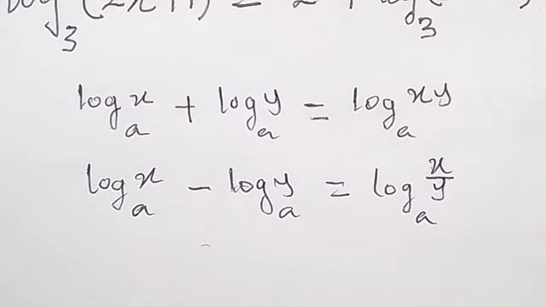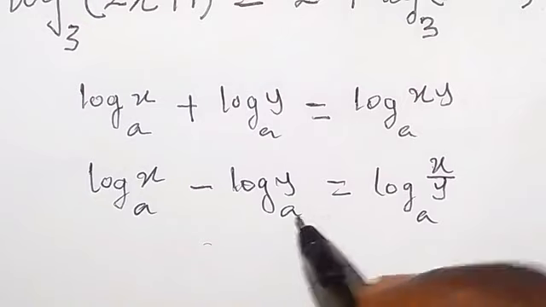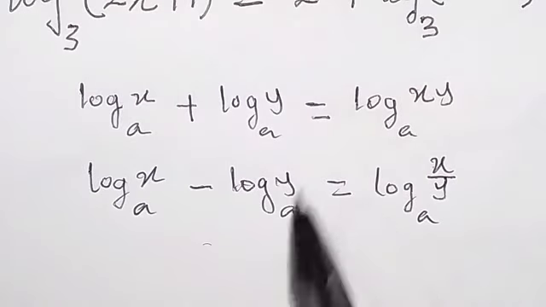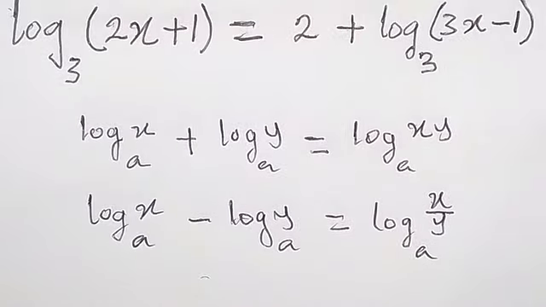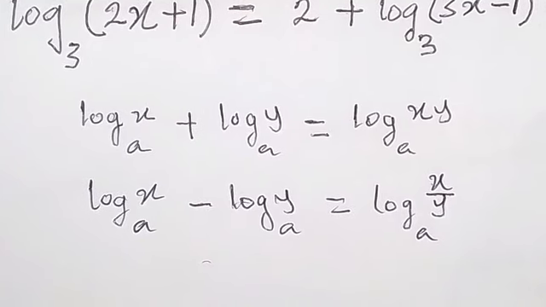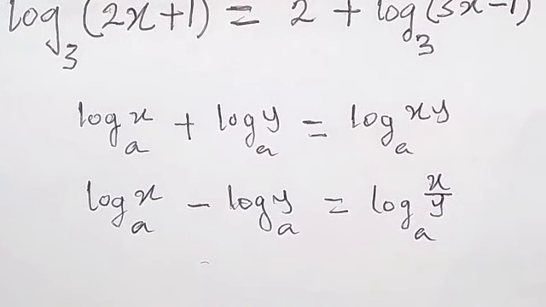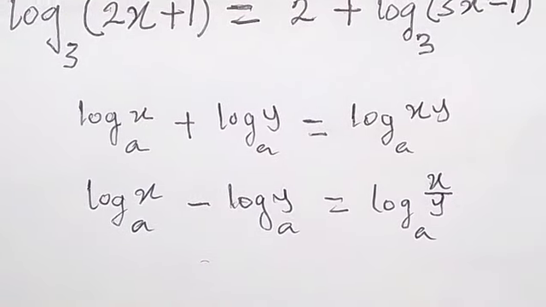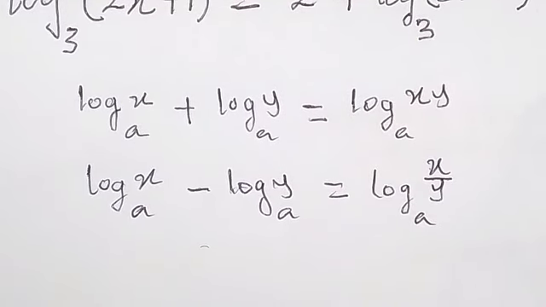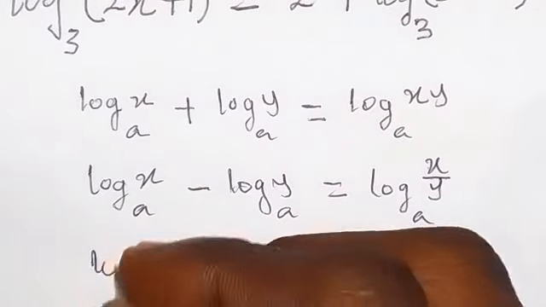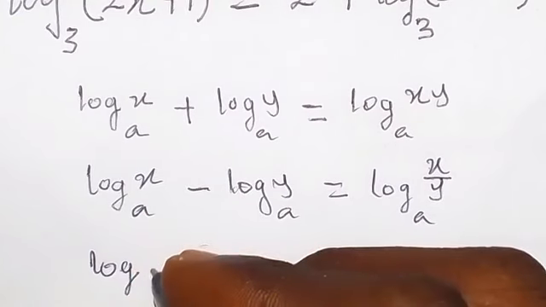We also have some other laws, but what we need in this question is just some of the laws, not everything, so I won't be stating all of them here. Subsequently we'll be stating all the laws. Most importantly, we should know how to change from logarithm form to indices form.